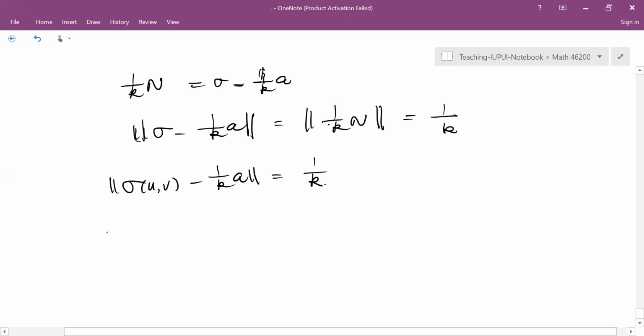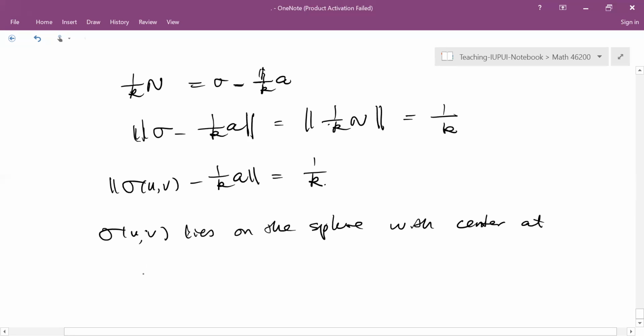So that means σ(u, v) lies on the sphere, this sphere with center at a fixed point, and radius r equals 1 over k. Let's put an absolute value here.